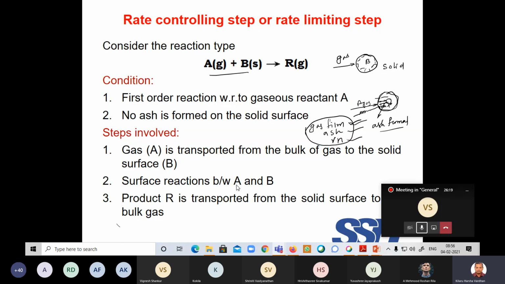So the gas is being adsorbed on the surface of the solid. We assume that the solid will have some active sites. Therefore, this gas is going and sitting on the active site to get the reaction. Then once the product is formed, the product will be desorbed from the solid surface. That is what we assume.